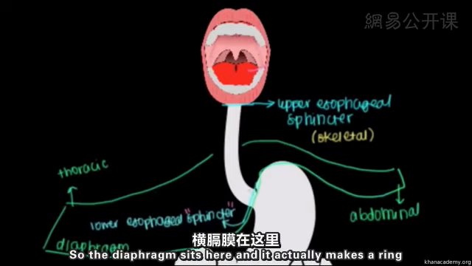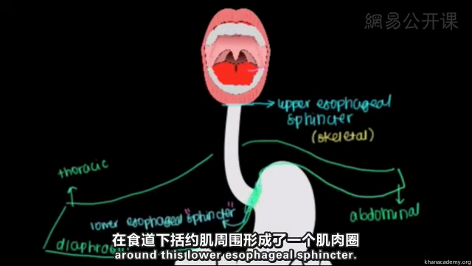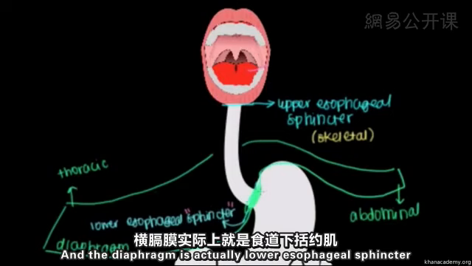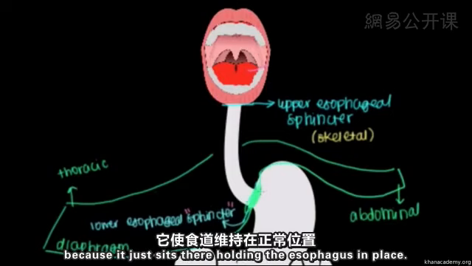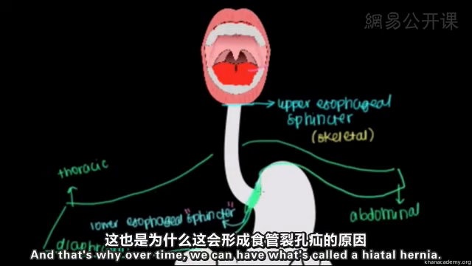So the diaphragm sits here, and it actually makes a ring around this lower esophageal sphincter. And the diaphragm is actually the lower esophageal sphincter because it just sits there holding the esophagus in place. And that's why over time we can have what's called a hiatal hernia.